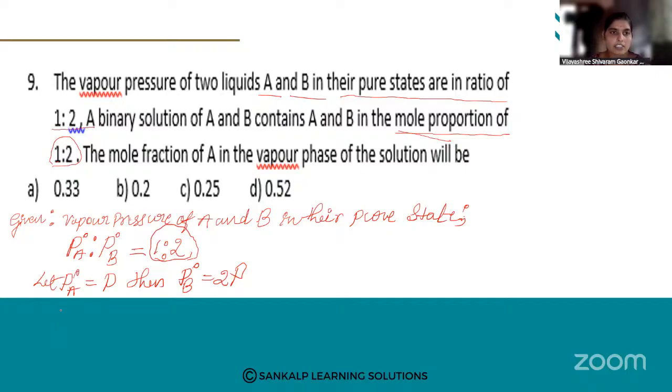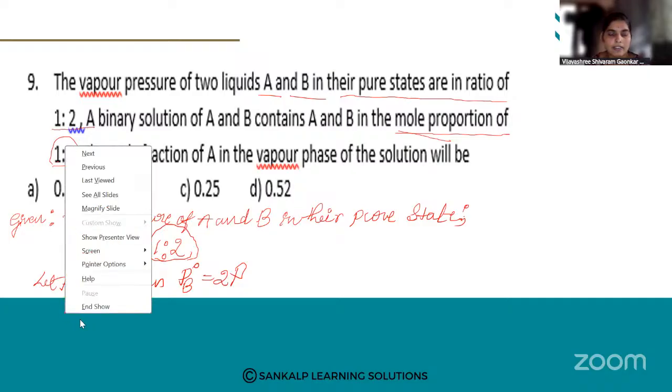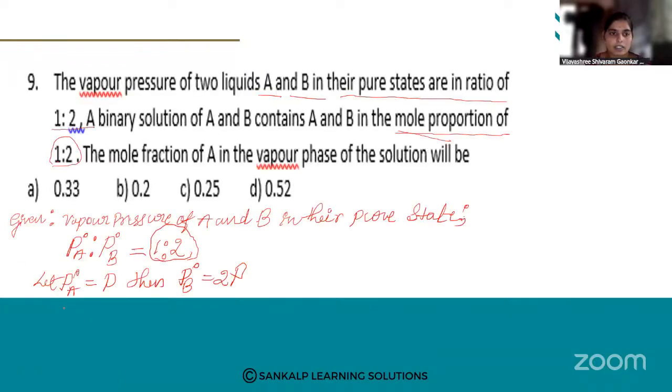Next, mole fraction. Mole fraction of components A and B is given. Let Na is to Nb equal to 1:2, right?